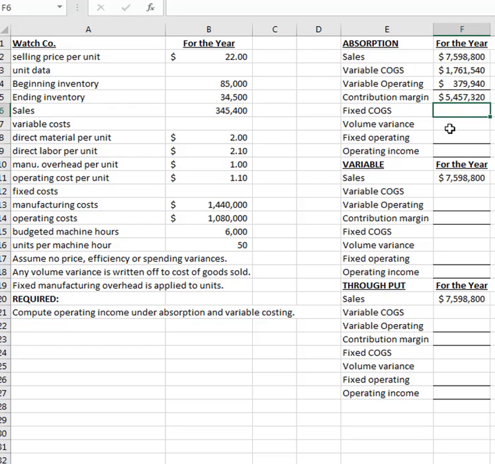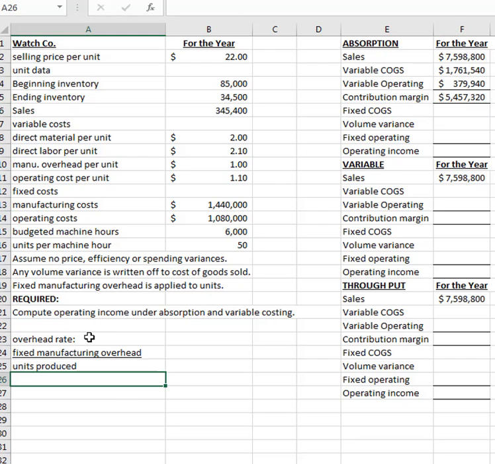Now, fixed cost of goods sold. So we need to come up with the fixed overhead rate per unit. You're given a couple of clues here because you know how many machine hours they budgeted, and how many units they can make per machine hour. So that helps you figure out how many units they budgeted for.